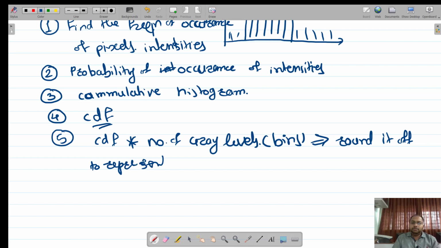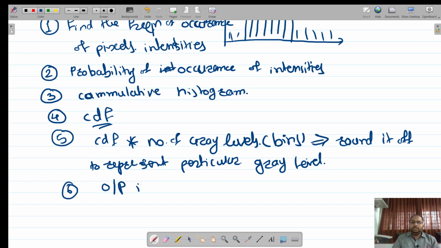And sixth, finally we represent the output image. So we get the output image by performing this algorithm.